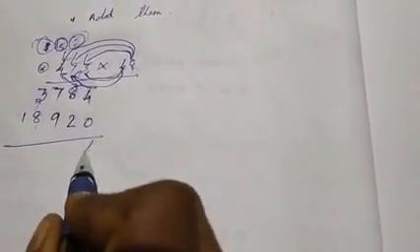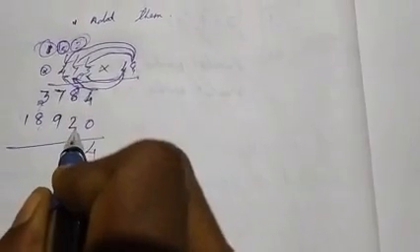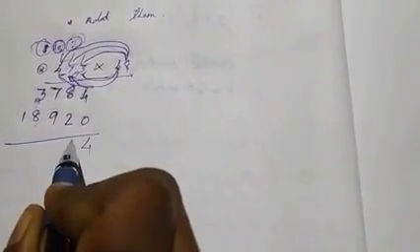Shall we do it now? 4 plus 0, 4. 8 plus 2, 10. 0, remainder 1. Listen, 1 plus 9, 10. 10 plus 7, 17. 7, remainder 1.